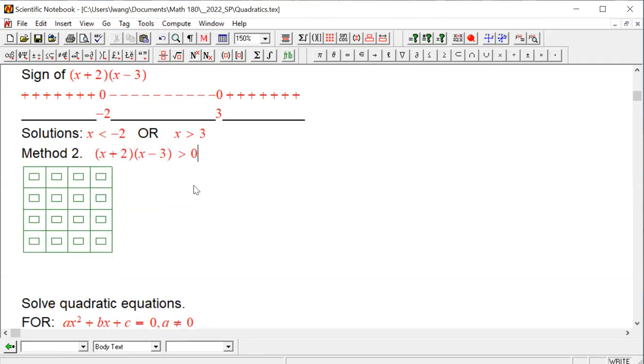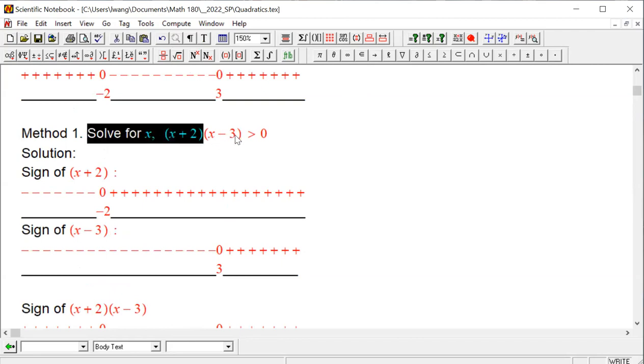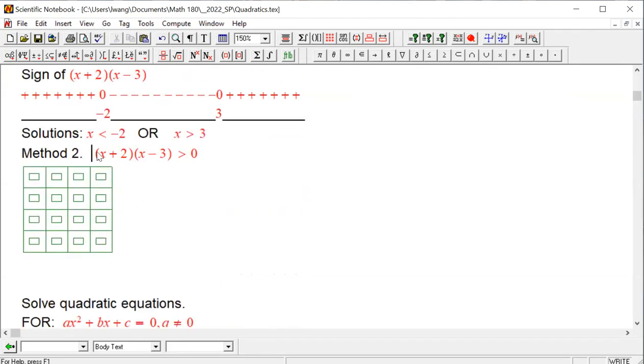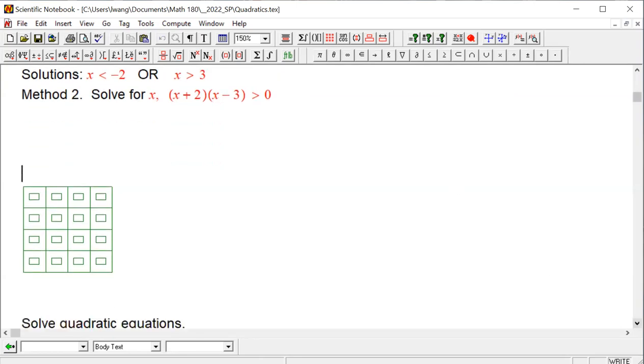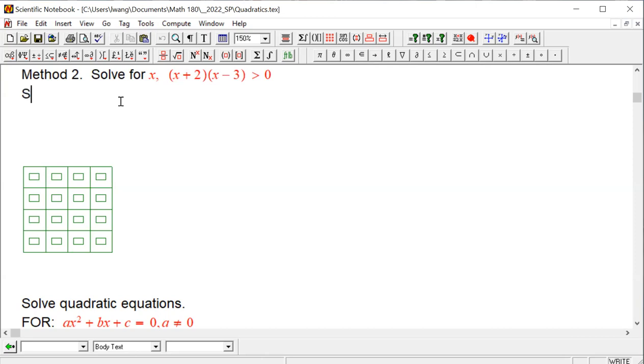The second method to solve this inequality is that they will first identify the numbers such that x plus 2 or x minus 3 changes sign. The way they do it, which is very commonly seen in textbooks, is that they set x plus 2 times x minus 3 equal to 0.